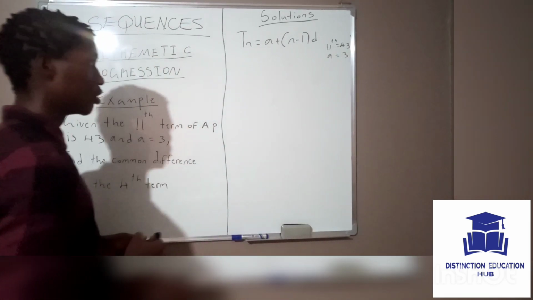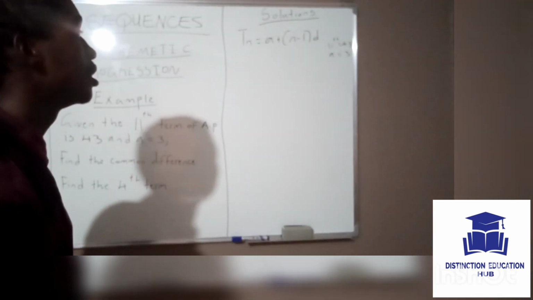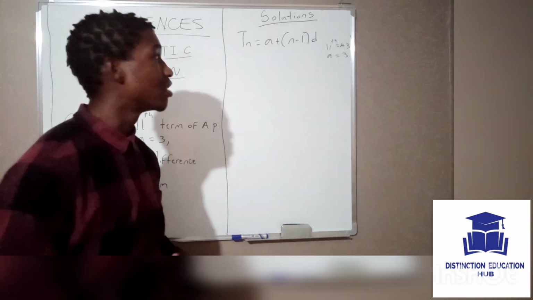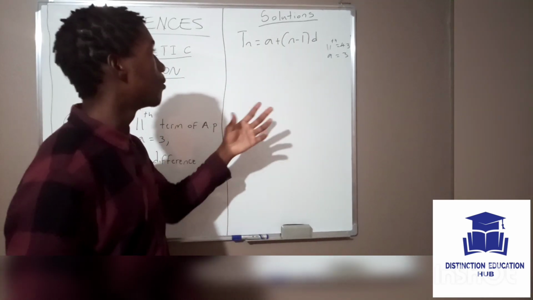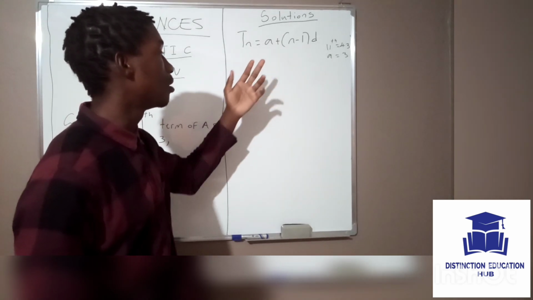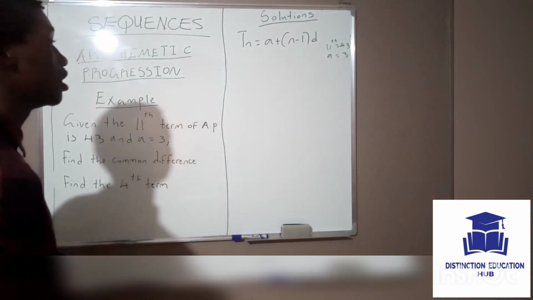After you note down your data, you simply substitute it in the formula. In this case, they want us to find the common difference. So we have the 11th term, which is 43, and we have the first term.